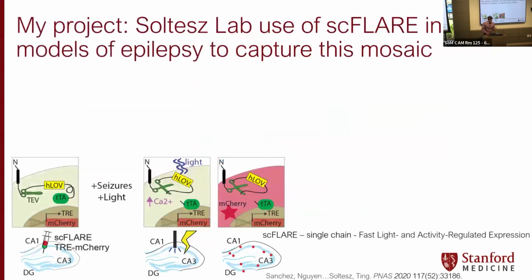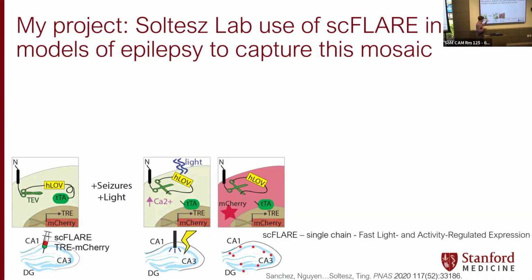So my project in the Test Lab, we're using a tool called SC-FLARE in mouse models to capture this mosaic. Broadly, the way this works is you have seizures and you have light, and the combination together can turn neurons red or green or whatever flavor you'd like.